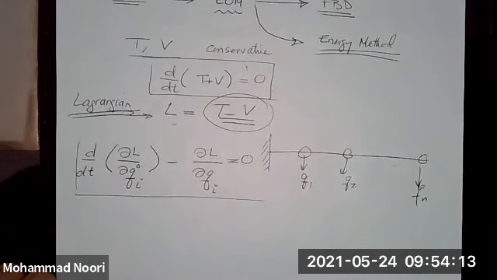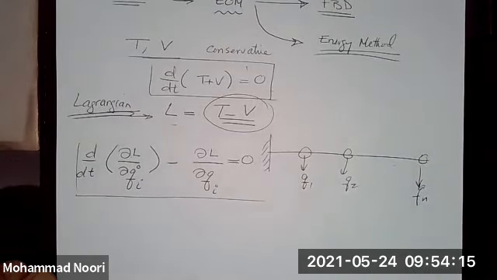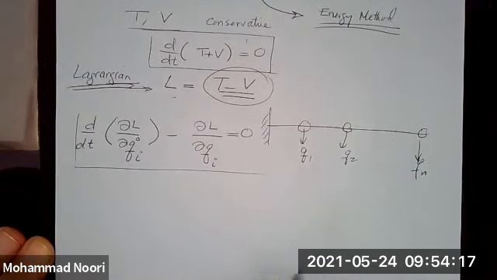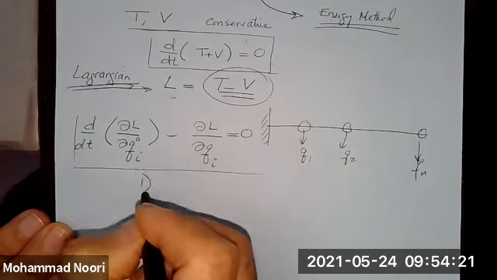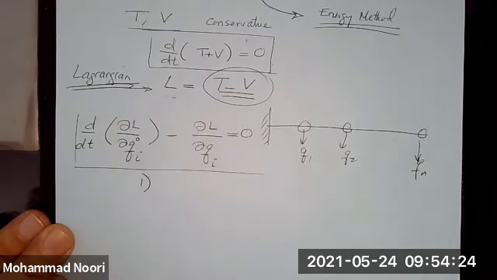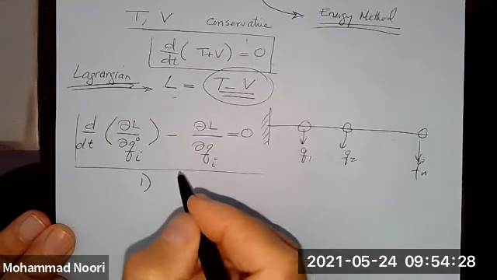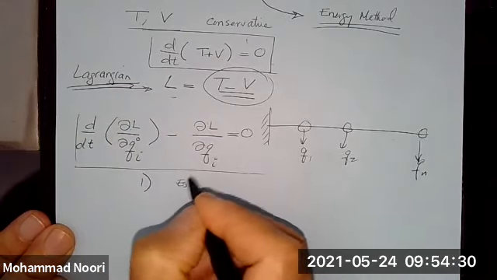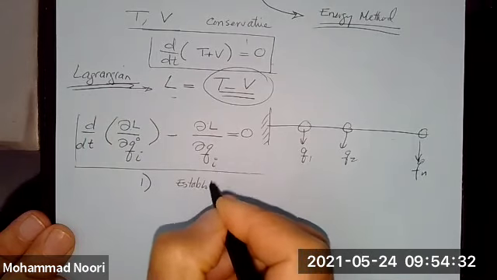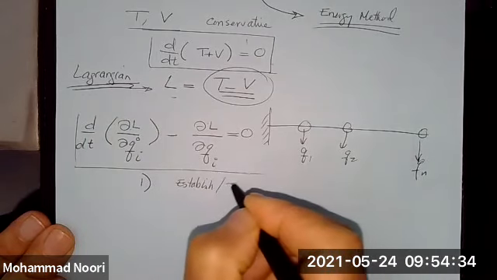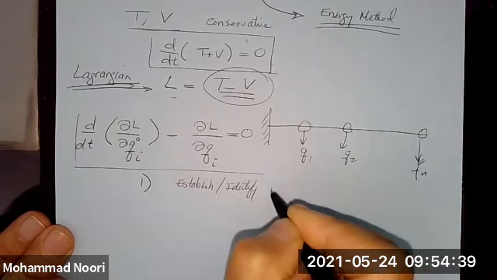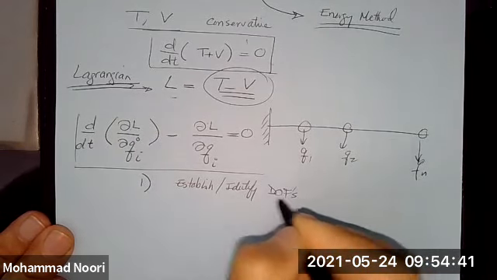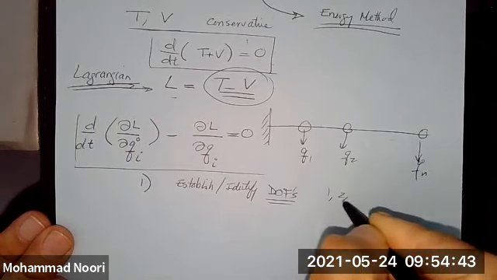You will see what a powerful approach this was through a simple example that I will show you. But first, let me formulate what we need to do in order to use this approach, this energy method, the Lagrangian approach. First, you need to establish or identify all the degrees of freedom, whatever the number might be.